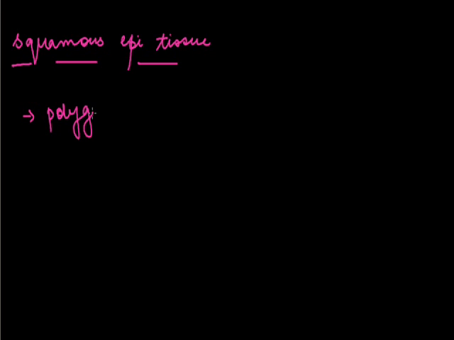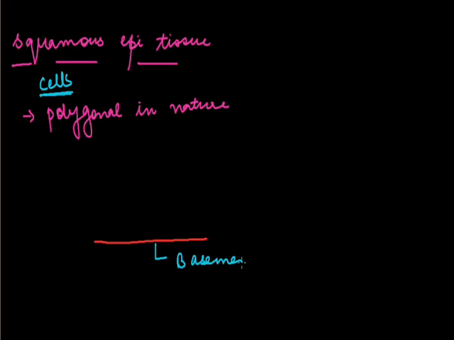The first epithelial tissue is the squamous epithelial tissue. The cells present in the squamous epithelium are polygonal in nature. Now we'll make a diagram of it. This red line is the basement membrane on which the epithelium lies, and these are polygonal shaped squamous epithelial cells.